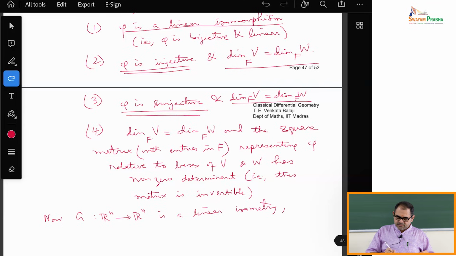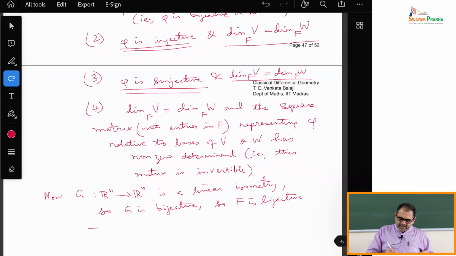Okay, so g is bijective. So f is bijective. Okay, and this implies that g inverse is defined and is also a linear isometry.